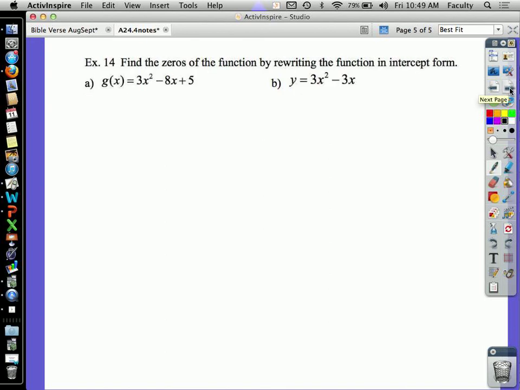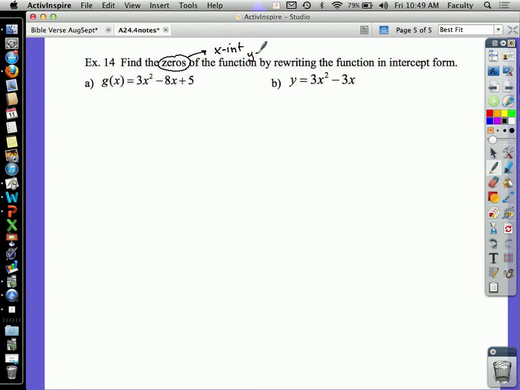So let's look at the last example, and I did have an example 13, and instead of renumbering, I just deleted it. So I really do know how to count. This says example 14. It says find the zeros of the function by rewriting the function in intercept form. It's very important that you understand that the word zeros means x-intercept on a graph.